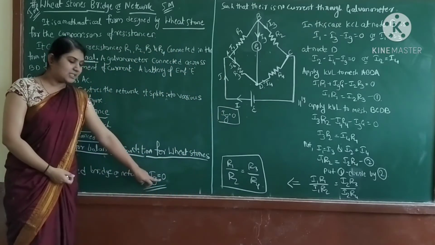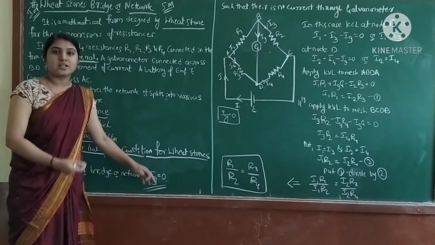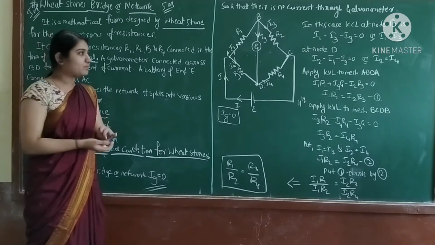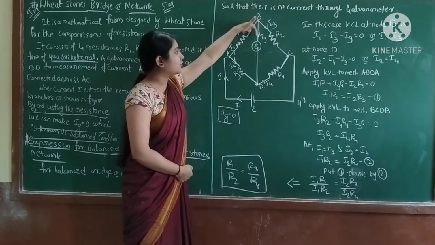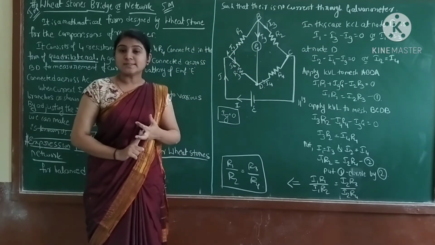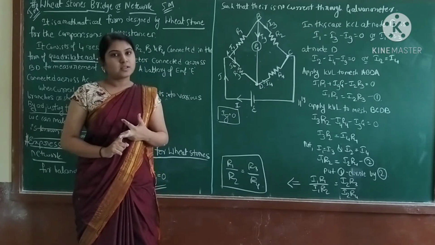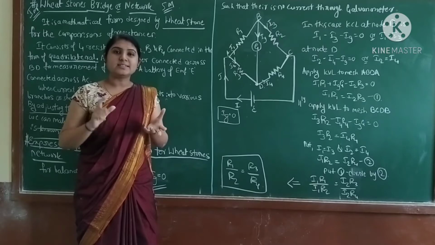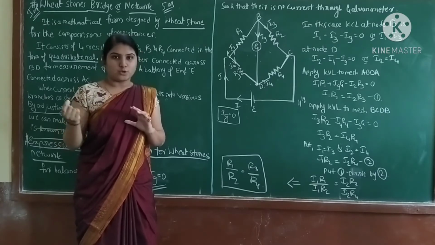See, here IG is equal to 0 is nothing but the current through the galvanometer must be 0. The current passing through this galvanometer must be 0 because of the balanced condition, that we adjusted. We adjusted the resistors, so it became 0.